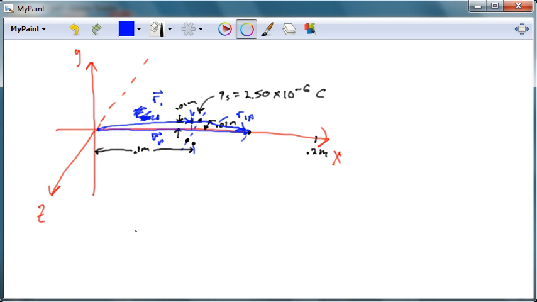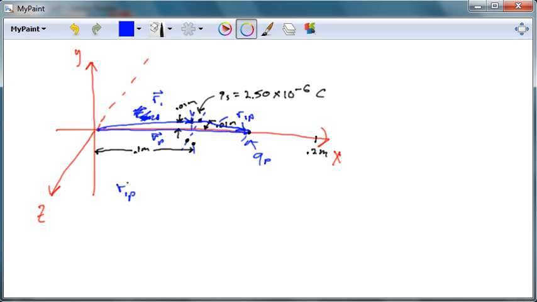Alright. So we've got R1P. I need that one because that's going to be the distance between this charged particle and the victim. And the victim has got charge, we call it QP, the charge of the particle.